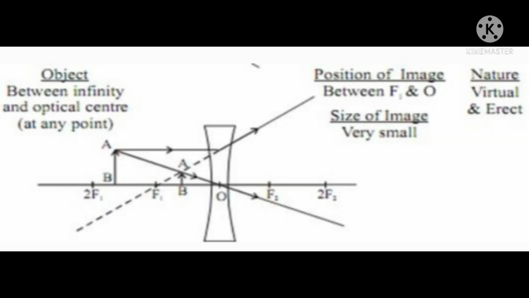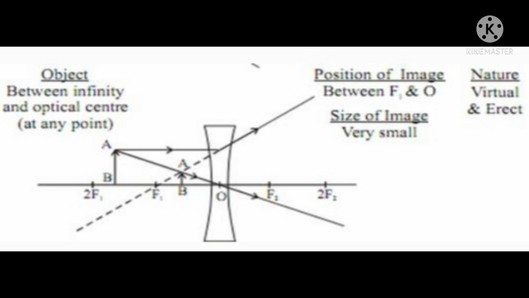We keep the object between infinity and optical center. Infinity र optical center को बीच में राख्दा हामीले image चाहिँ यहाँनिर पाउँछ. Just look here, between focus f1 and optical center O. अनि size चाहिँ कस्तो हुन्छ, diminished, सानो size हुँदो रहेछ, and the nature is virtual and erect, which cannot be obtained on the screen.